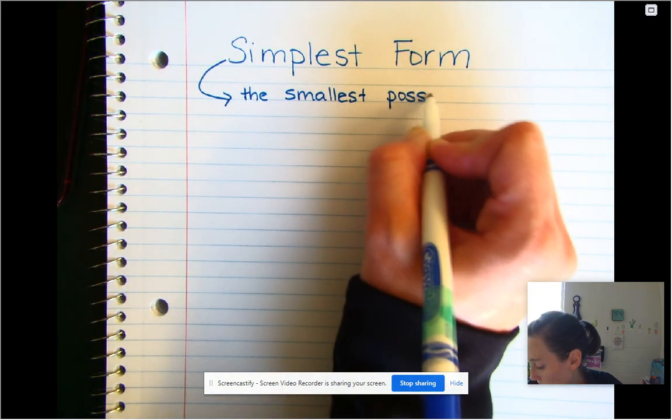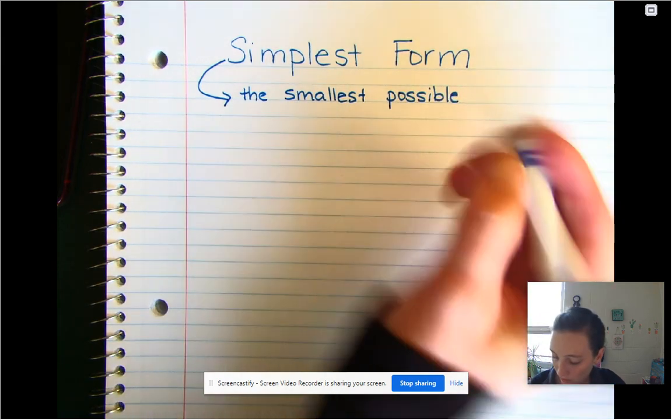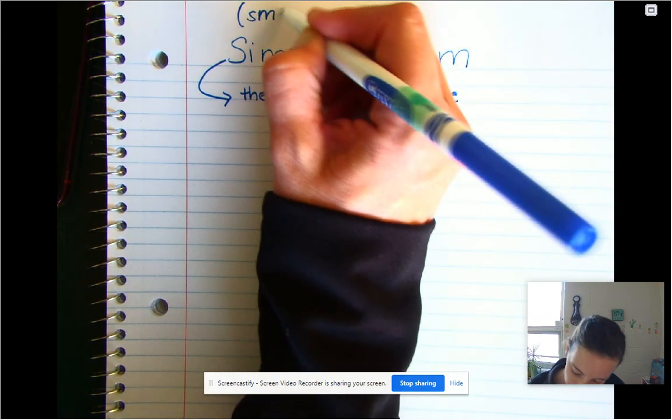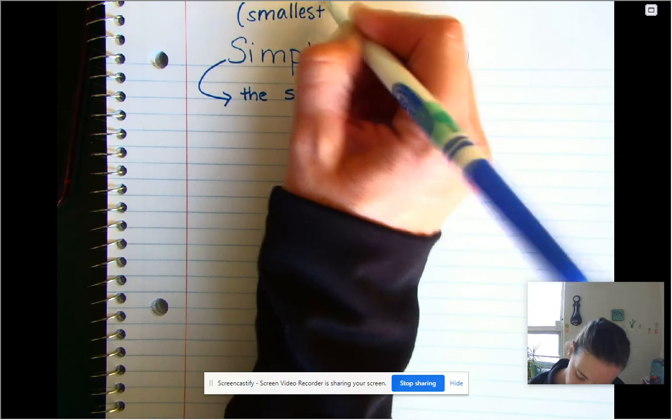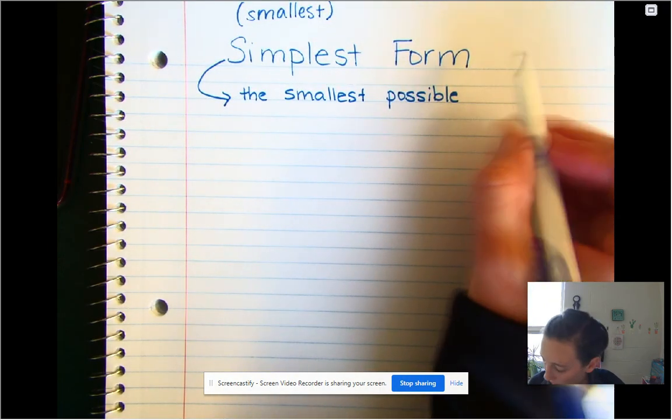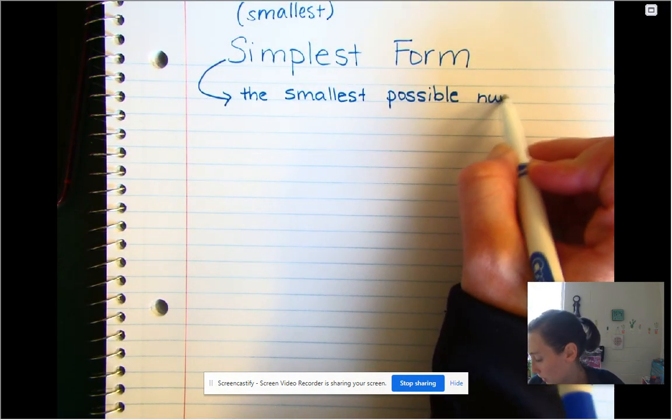So when you think simplest form, you can also think of it as smallest form. The smallest possible numbers.